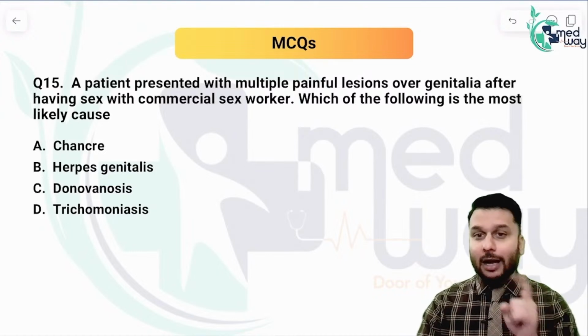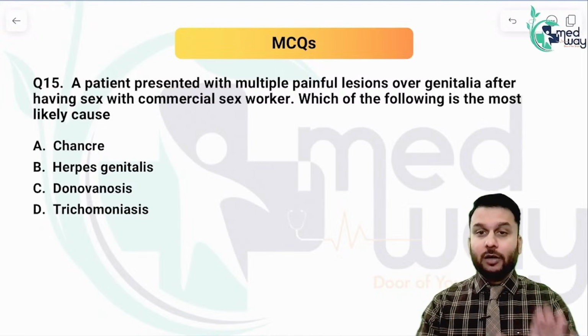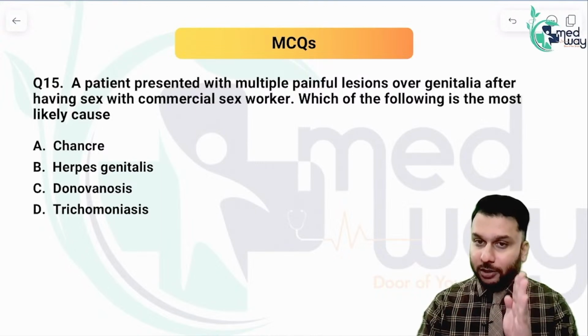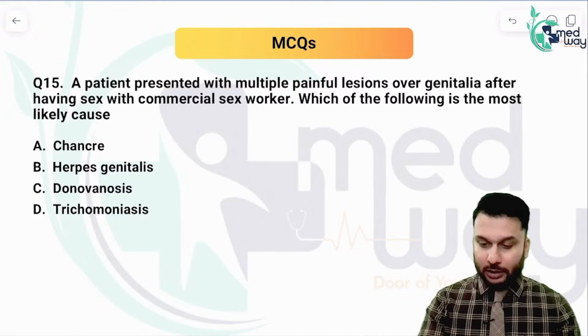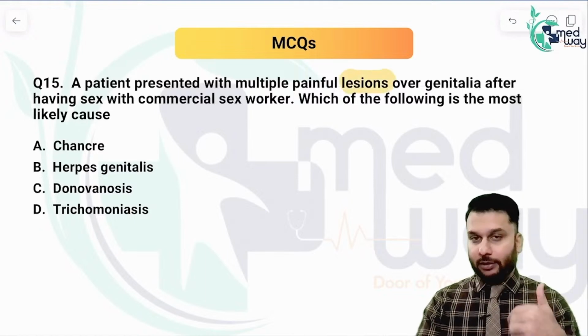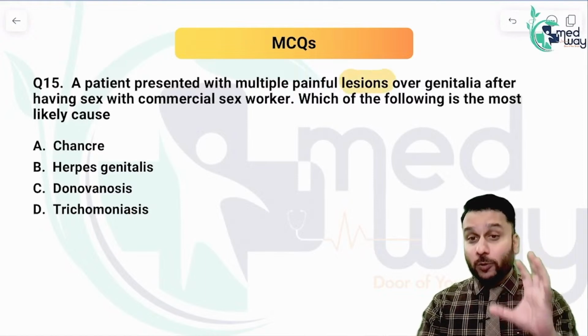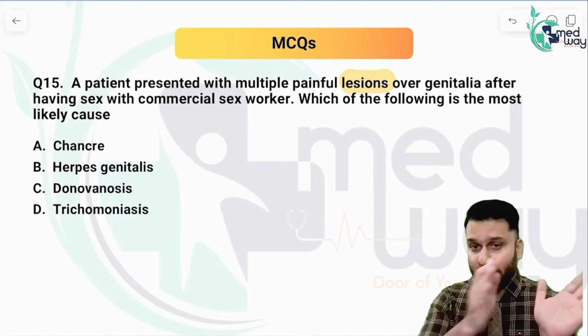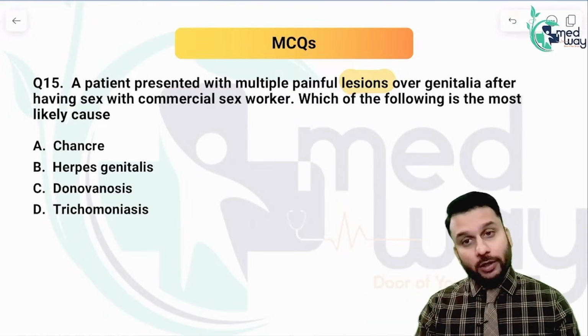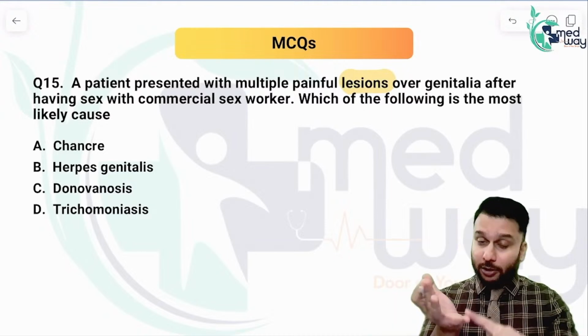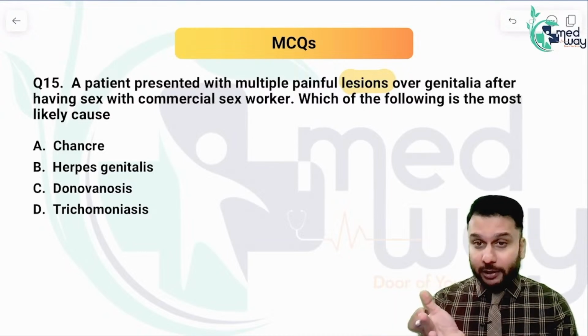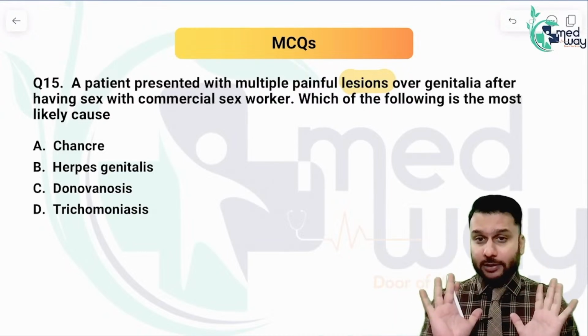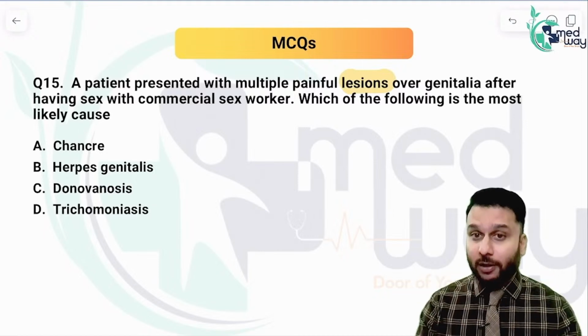And I always said how to approach this kind of question. First, see whether they're mentioning lesion or discharge. They mention lesion. If they mention lesion, that means those STDs that present with discharge are already ruled out. Who are the ones that present with a discharge? Trichomonas, chlamydia, gonorrhea. They cannot be the answer. Why? Because they mention lesion.